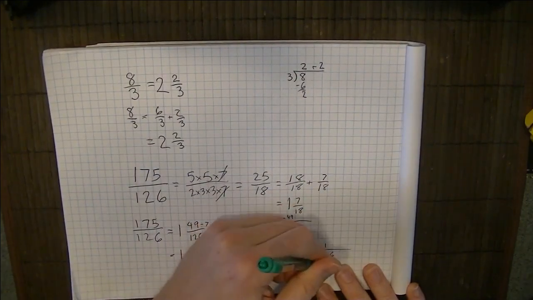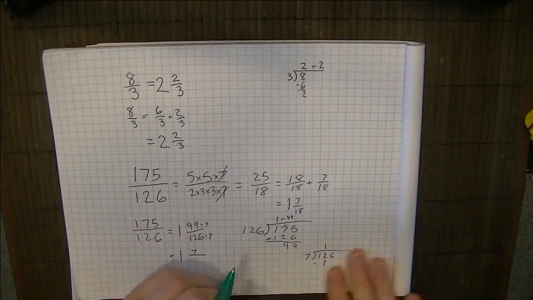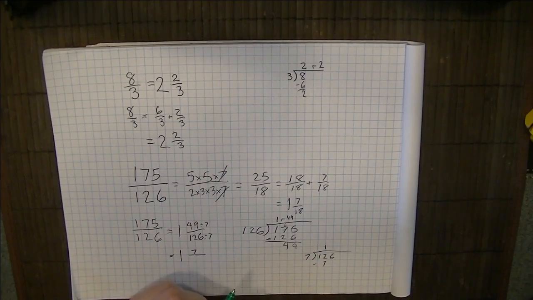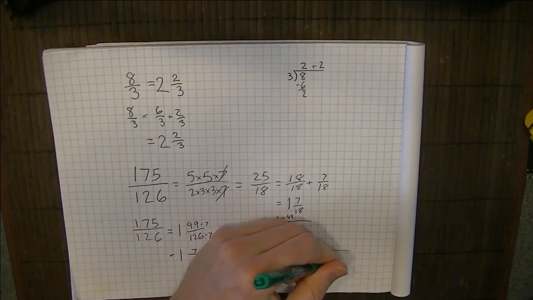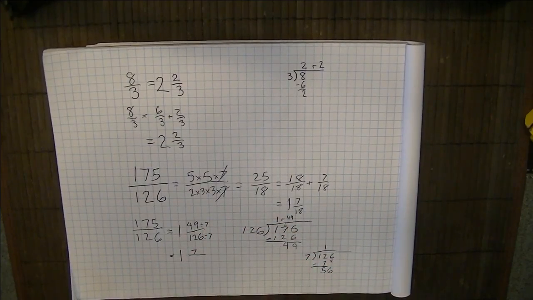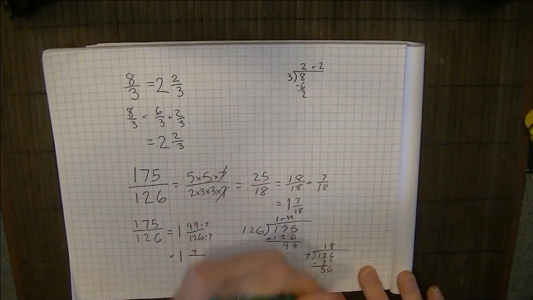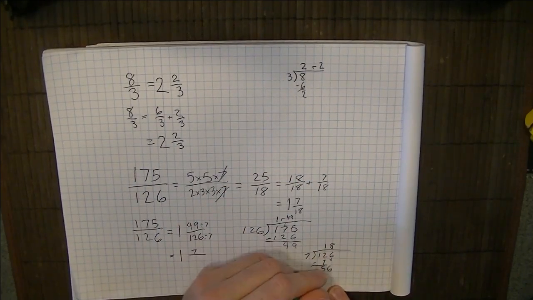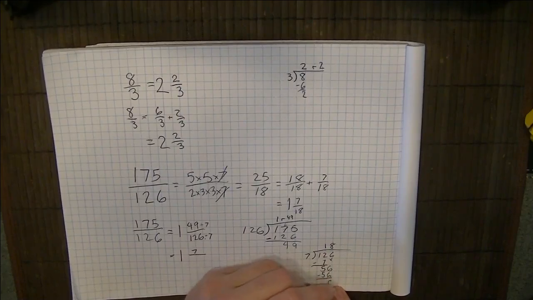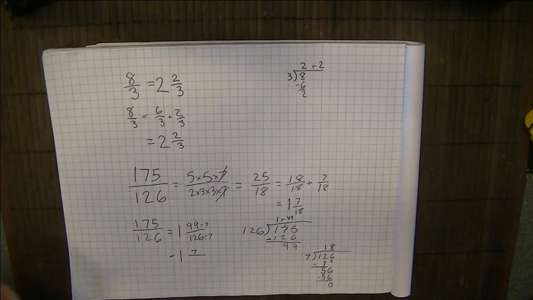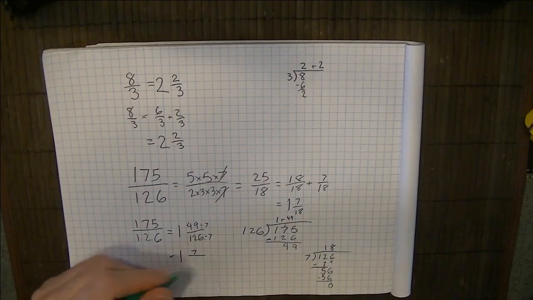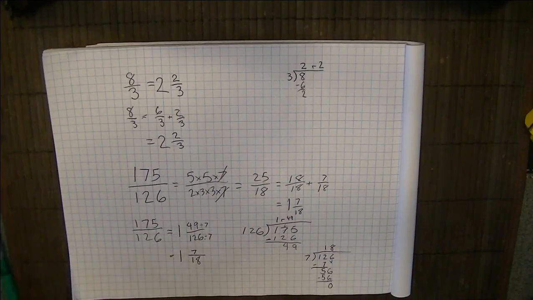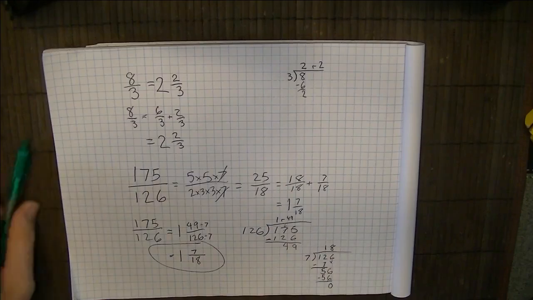Once. 1 times 7 is 7. 12 minus 7 is 5, and then bring down the 6. 7 goes into 56 exactly 8 times. 8 times 7 is exactly 56. So that gives me a remainder of 0, which is good because 7 does in fact go into 126. So my result there is 1 and 7/18.